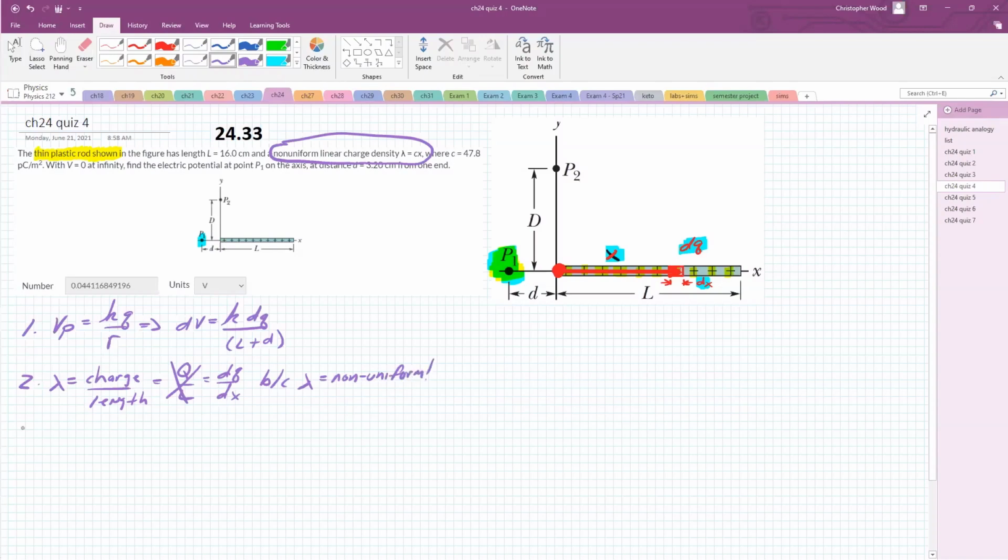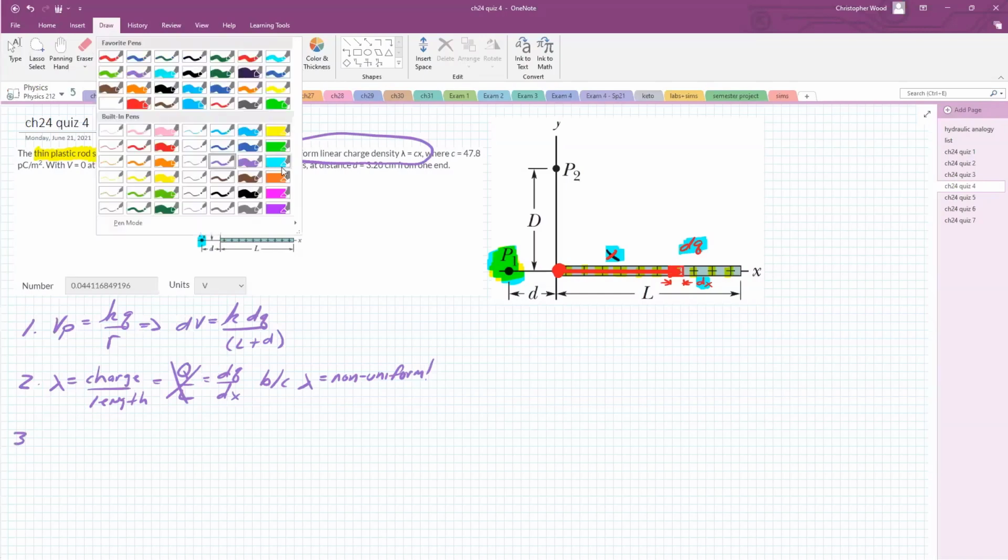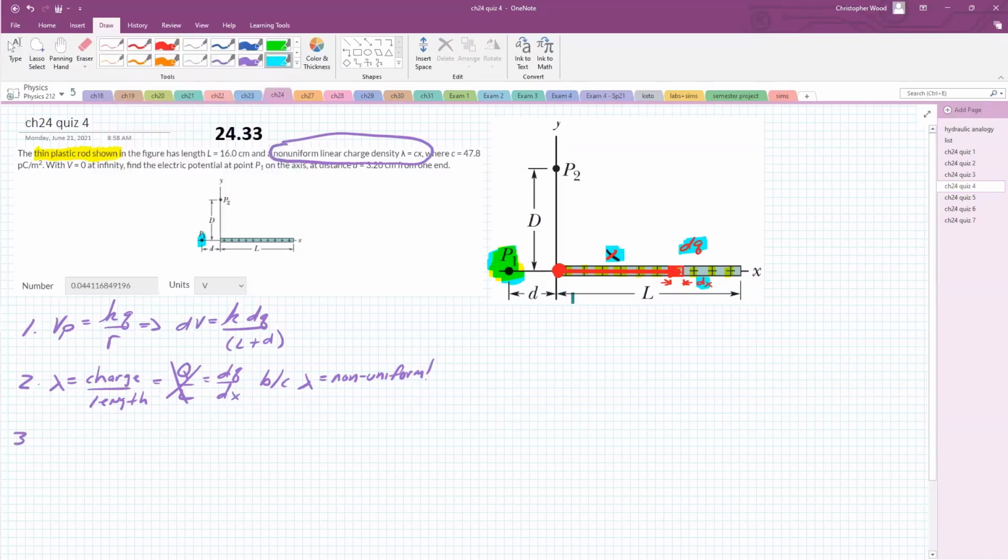Okay, so number 3. Because it's non-uniform, I can't say the following. No matter, I can't say that a sample right here, for example, has the same density as this right here. In fact, I know for a fact they do not have the same charge density. I can't say that because this is non-uniform linear charge density.